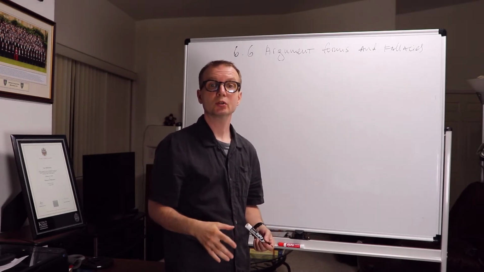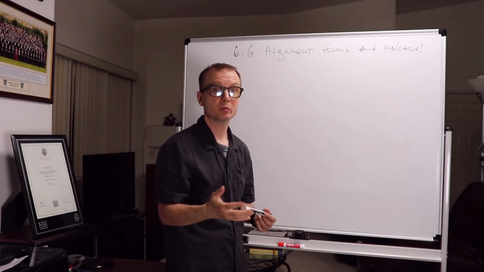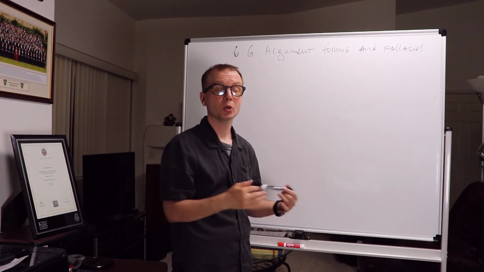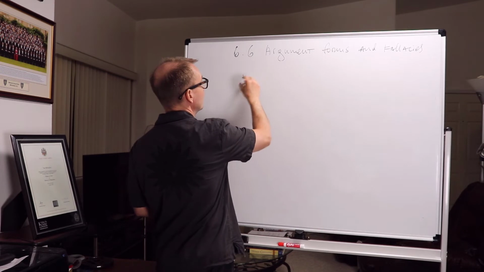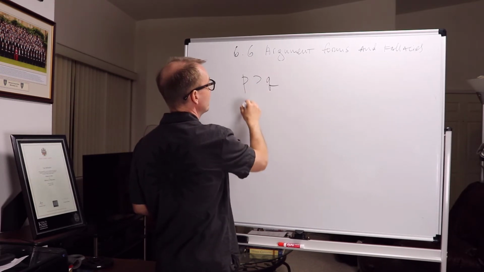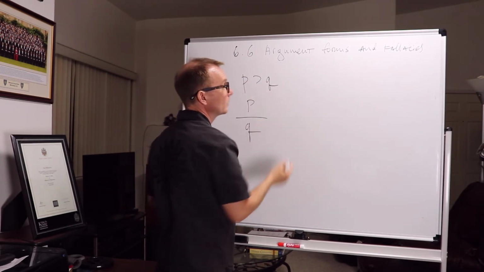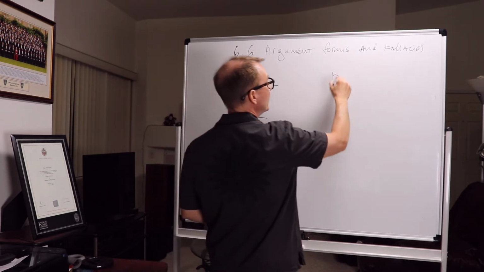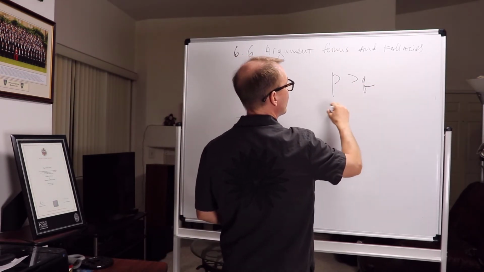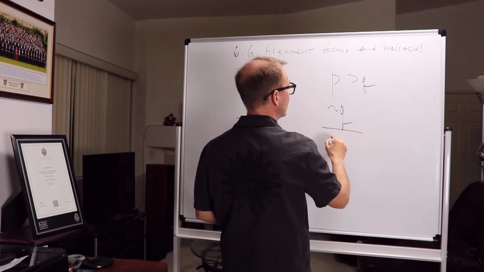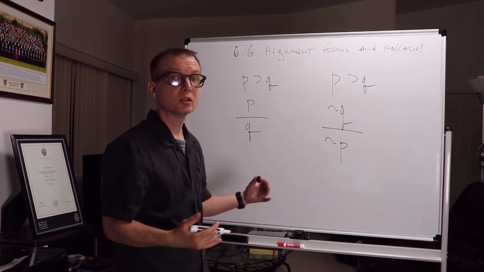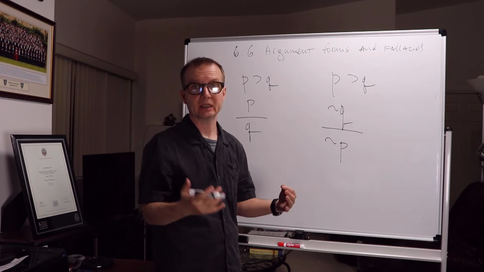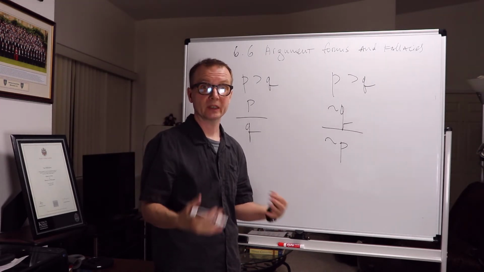You should also know two invalid forms. Again, remember, we started with modus ponens and modus tollens. Modus ponens: if P then Q, P, therefore Q, and modus tollens: if P then Q, not Q, therefore not P. They're both valid. Know that you can also do two other things here, can't you? Can you think about that?